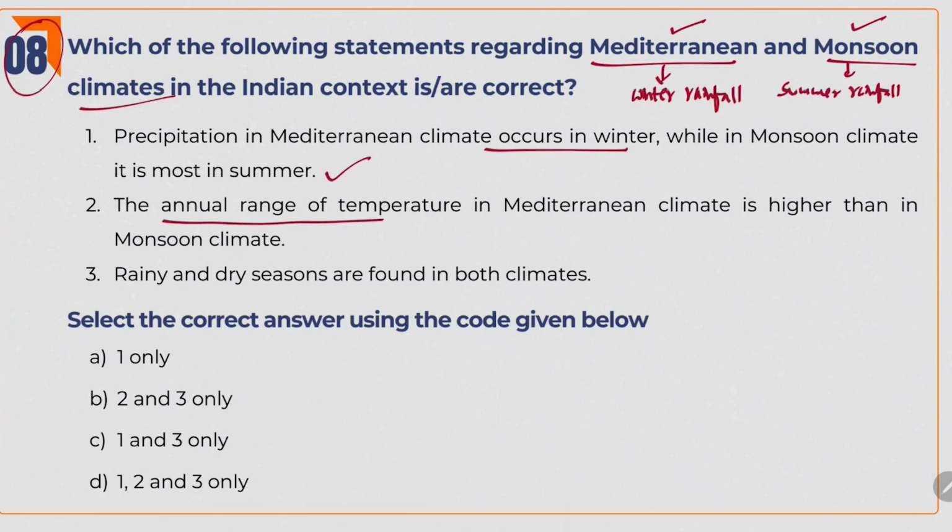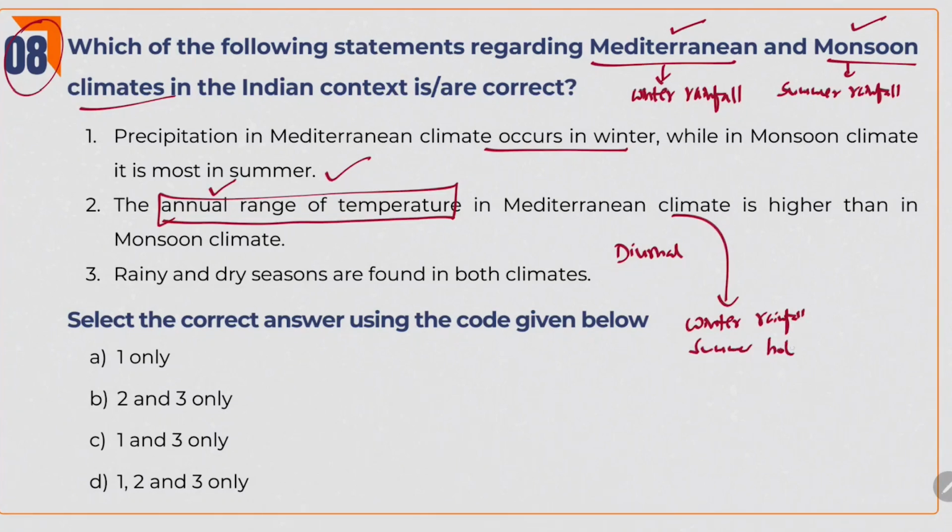Second one, the annual range of temperature in Mediterranean climate is higher than in monsoon climate. What is this annual range of temperature? See, in last question also we have discussed the temperature range, but there we discussed about diurnal range, means day to day range, difference between temperature of day and night. Here they are mentioning annual range. In Mediterranean climate we can see winter rainfall, and summer is so hot.